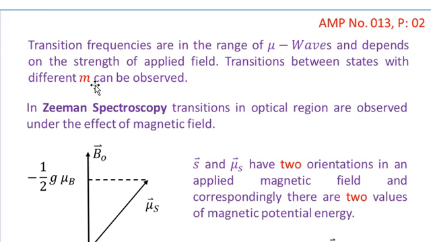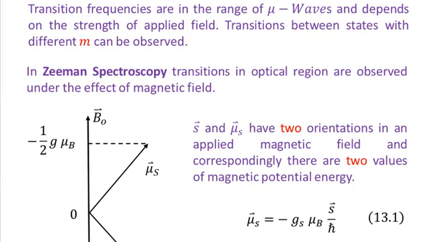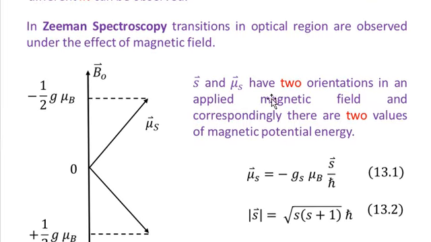So we can control the emission of the transition in the different frequency ranges of microwaves depending upon the strength of the applied magnetic field B naught. In Zeeman spectroscopy, which we shall discuss later, transitions in optical regions are observed under the effect of a magnetic field. So the Zeeman effect will be discussed in the next slide.